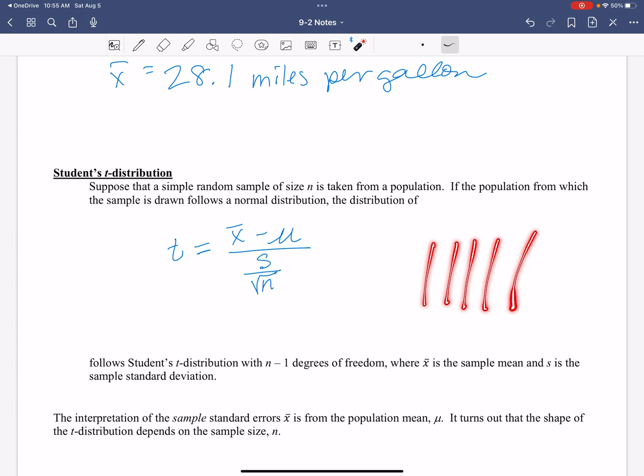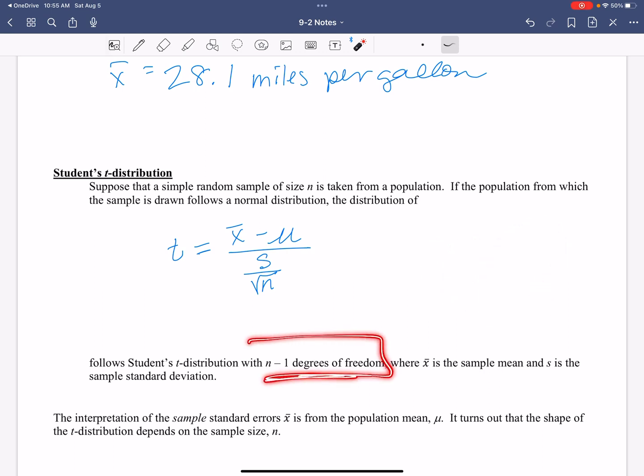The first person wants to borrow a pen, so they have 5 choices, right? The next person wants to borrow a pen. You have fewer choices. You get all the way down to the 5th person that wants to select a pen. Do you have any choices left by the time you get to the 5th one? No. So there is no freedom in this last one.